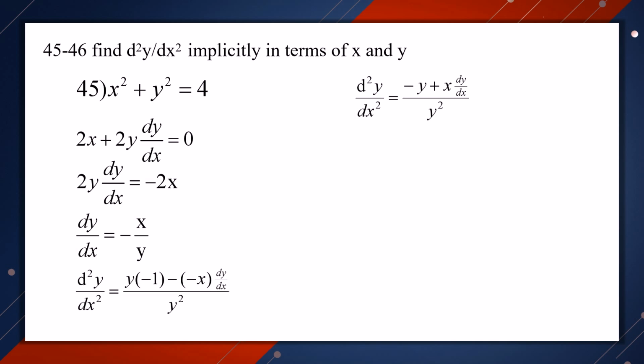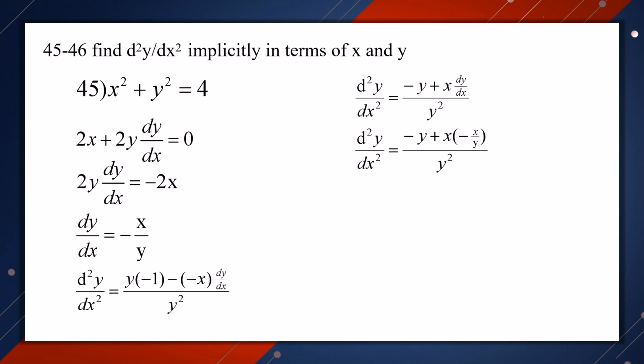And then we simplify it, and we will get the second derivative of y equal to negative y plus x times dy over dx, over y to the power of 2.